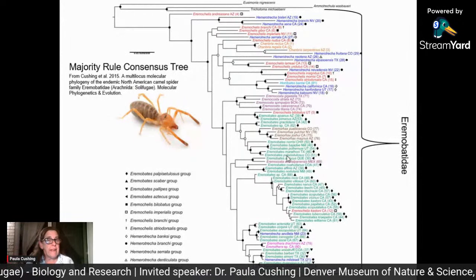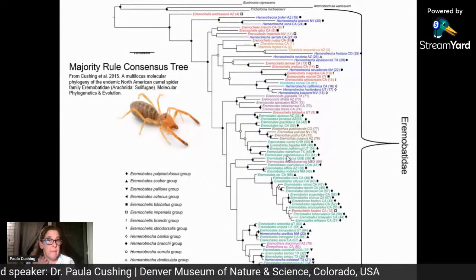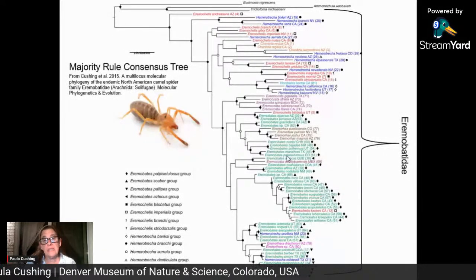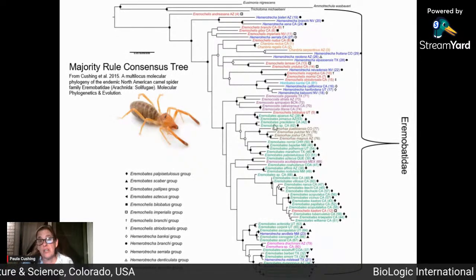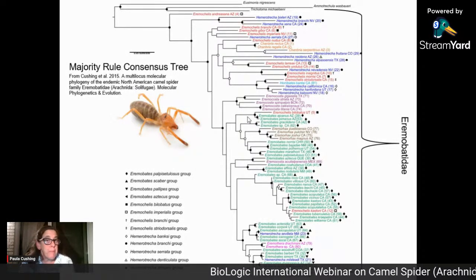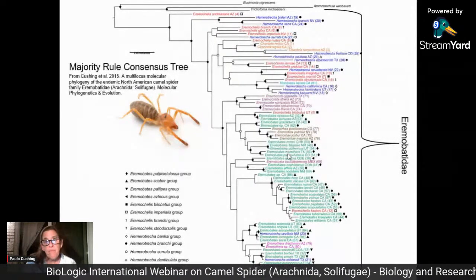So hopefully in the future, we will be able to do some taxonomic revisions and better understand what some new genera should be defined, because clearly Eremobates, for example, is a catch-all, a dumping ground.